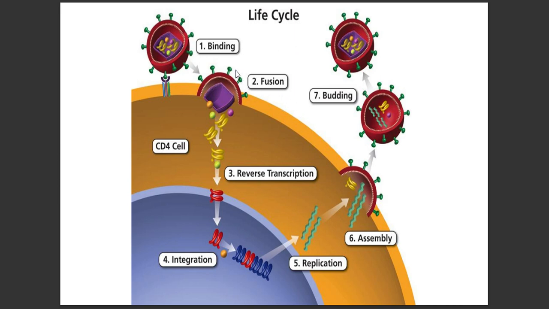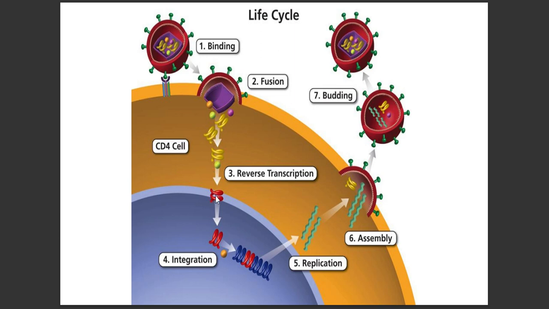Now because HIV has got RNA, we want to convert the RNA of the HIV to DNA. That is why it is called reverse transcription, because transcription itself is supposed to convert DNA to RNA. So the reverse transcriptase enzyme that is part of the HIV is going to do that work. It is going to convert the RNA into DNA.